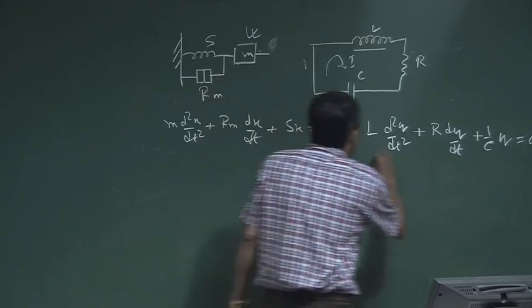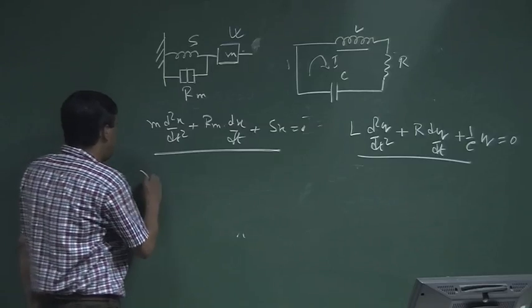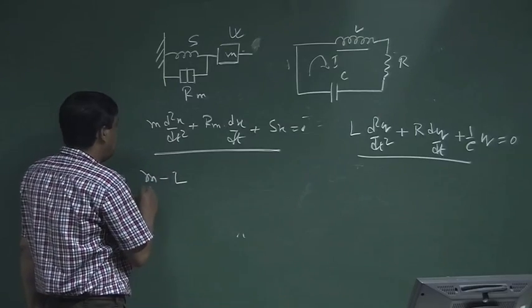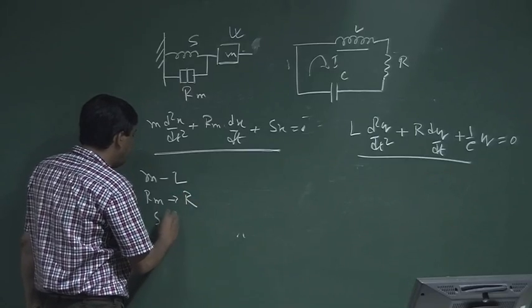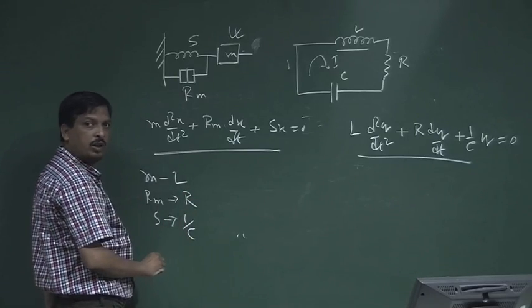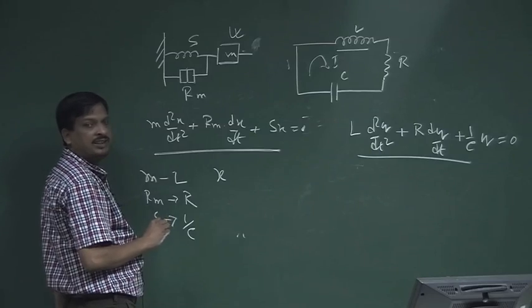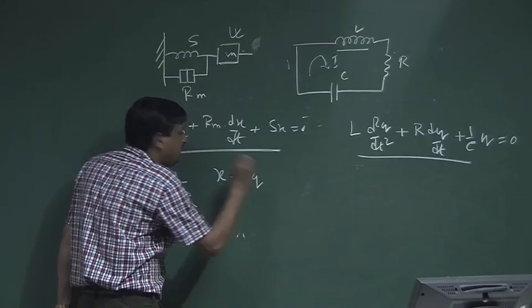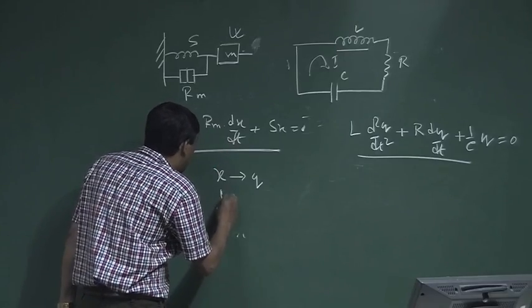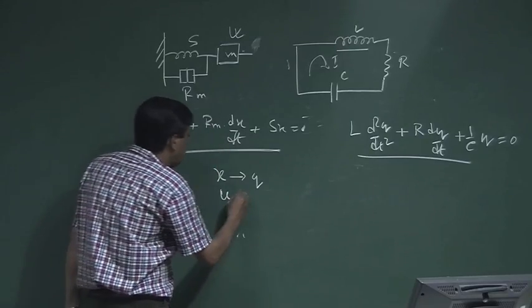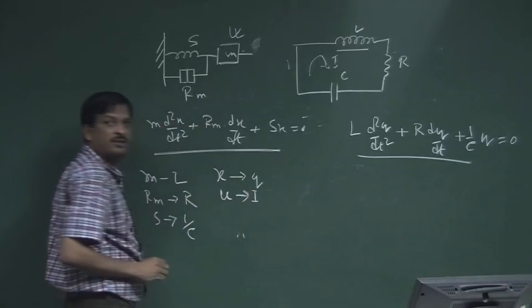This equation and the mechanical one are identical, where m is equal to L, Rm is equal to R, S is equivalent to 1/C, and displacement x in the mechanical system is equivalent to charge in the electrical system. Similarly, particle velocity dx/dt in the mechanical system is equal to dq/dt, which is the current.